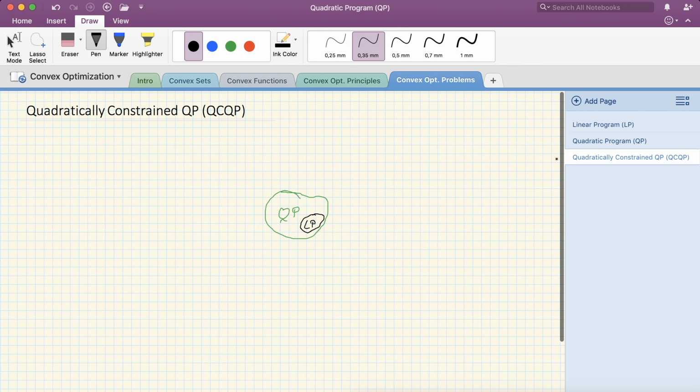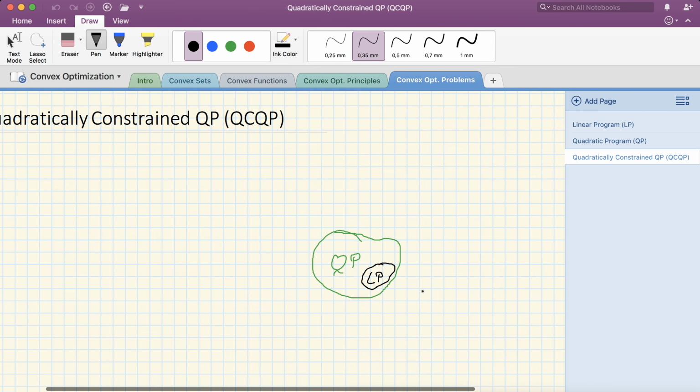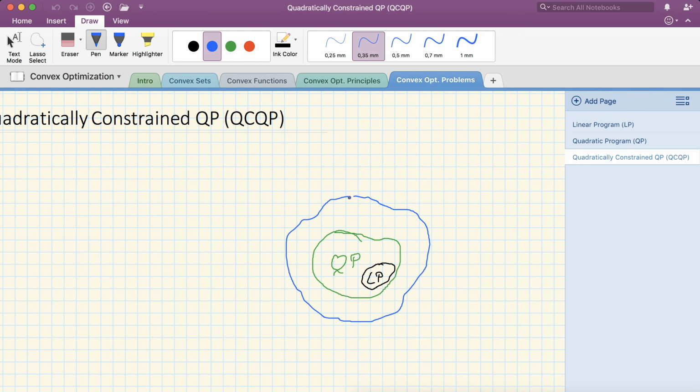And hence, LPs are particular instances of QPs. Well, in a very similar way, we're going to see that there is a broader class called QCQPs. That's why we didn't give many examples in QP, because all examples that will be given in QCQPs also include QPs. So what is a QCQP?